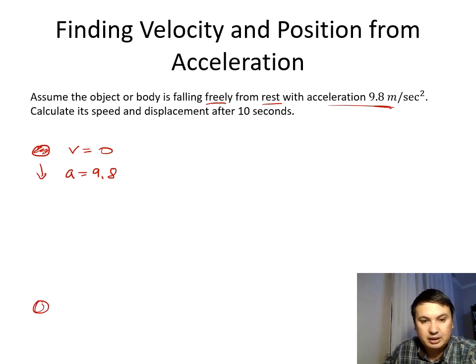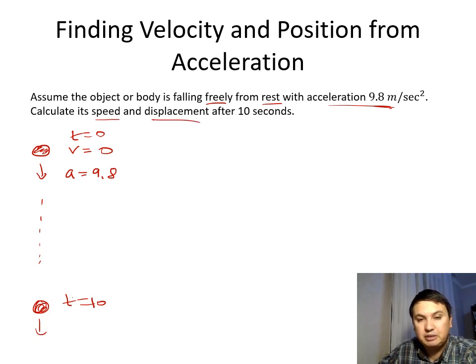And let's say that my object is somewhere here at t equals 0, and this is t equals 10. So it's falling. The question is, what is the speed and the displacement after 10 seconds?